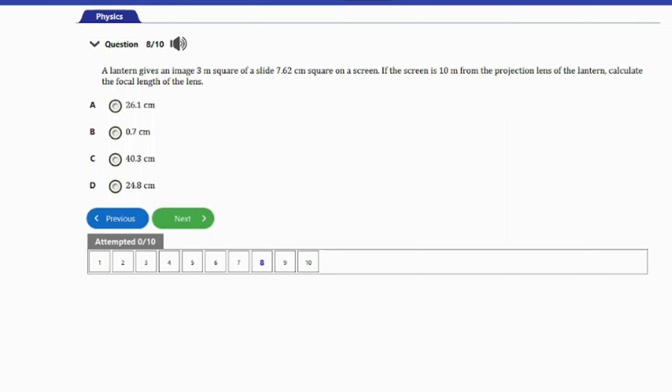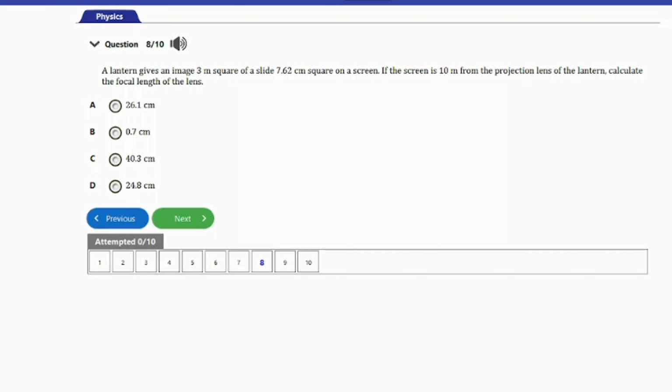So guys, the next question here is question number 8. It says, a lantern gives an image 3 meters square of a slide 7.62 cm square on a screen. If the screen is 10 meters from the projection lens of the lantern, calculate the focal length of the lens.